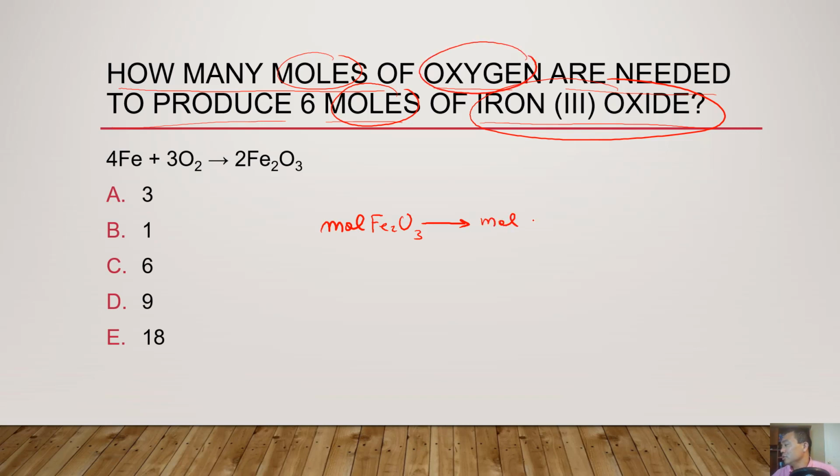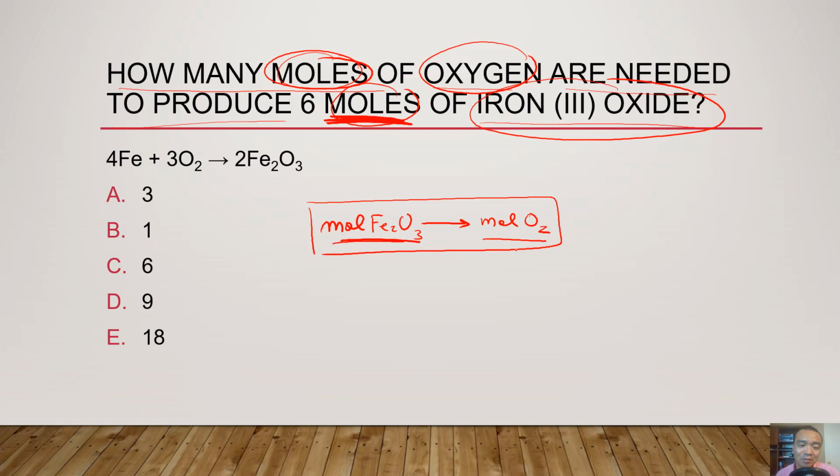That's the relationship that you should always write out first. Now we read the details. Do we need to convert this to grams? If so, you extend it to the left side or the right side, or both, or neither. How do we know? Because we have 6 moles of iron oxide, that's where we start. You start with moles, and if we are asked to convert to moles as well, that's where you stop. So only this relationship is needed.